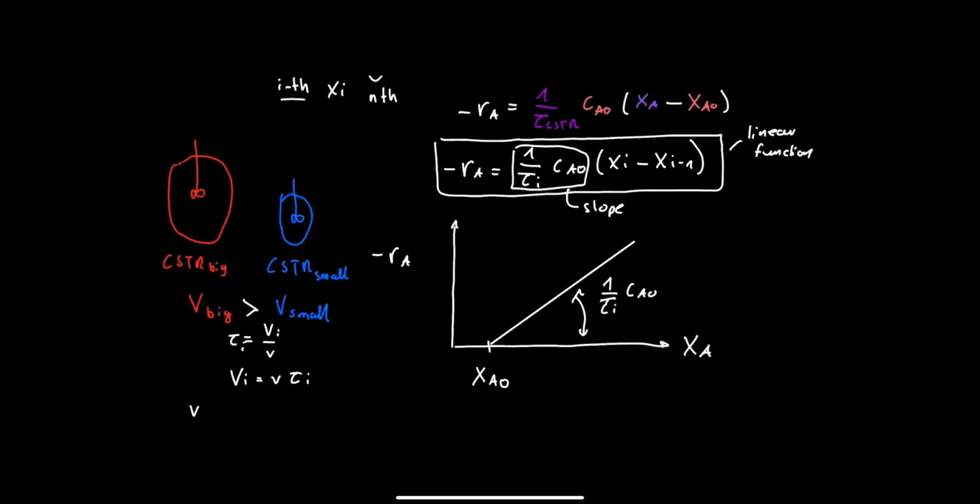So the volumetric flow rate times the mean residence time of big, which is the volume of the big reactor, is going to be equal to the volumetric flow rate times the mean residence time of the small reactor, and this product is the volume. So we can divide by the volumetric flow rate because we assume that it's the same.